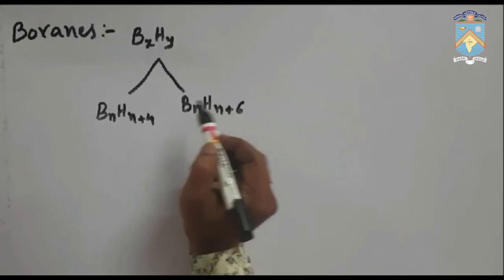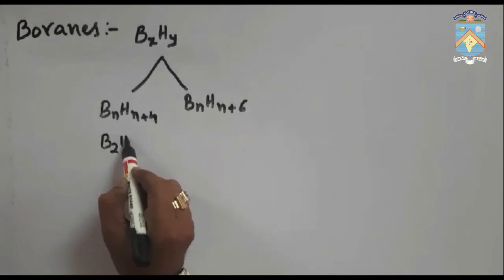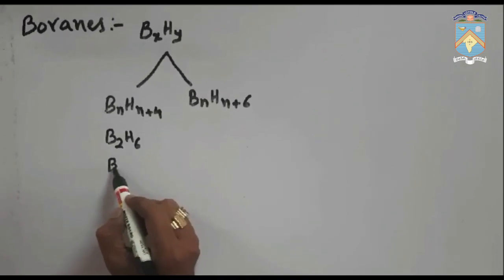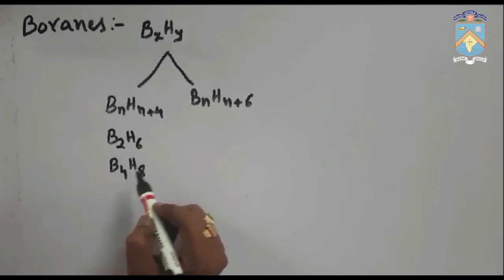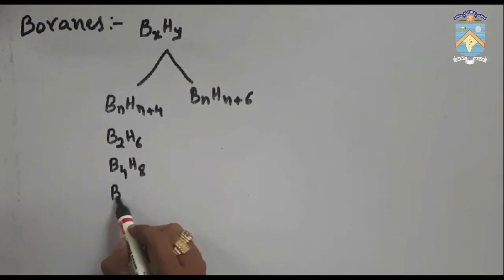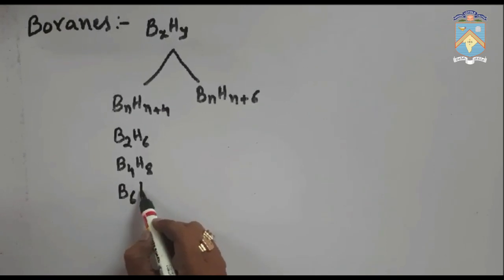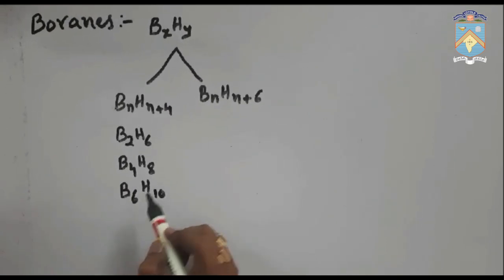The example for the first category is B2H6, in short also called diborane, B4H8 tetraborane with 8 hydrogens, and if n is equal to 6, this becomes B6H10. This is called hexaborane 10.